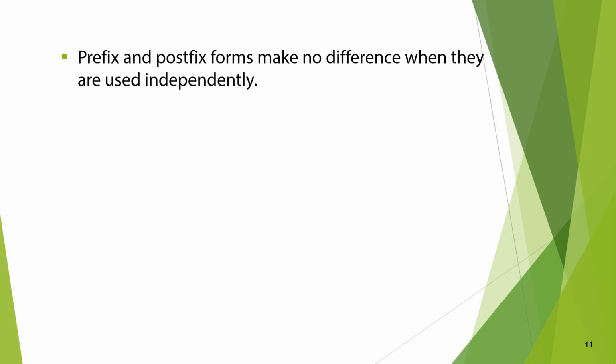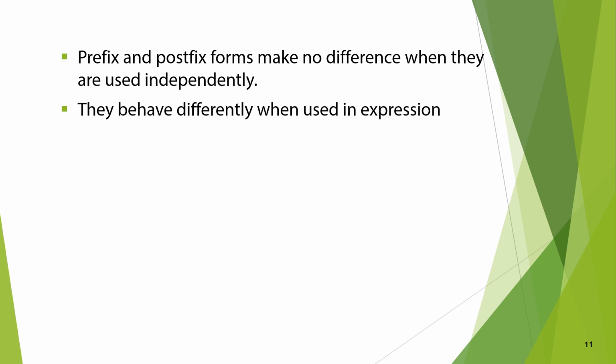These prefix and postfix forms which we have discussed just now do not make any difference when they are used independently or separately. But whenever they are used in an expression, then they show different behavior.